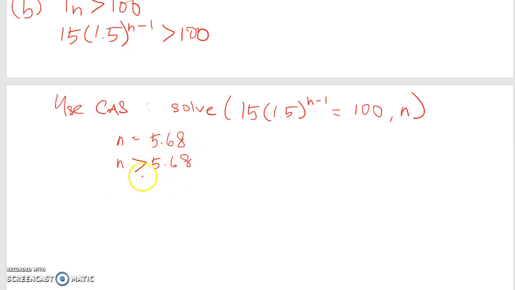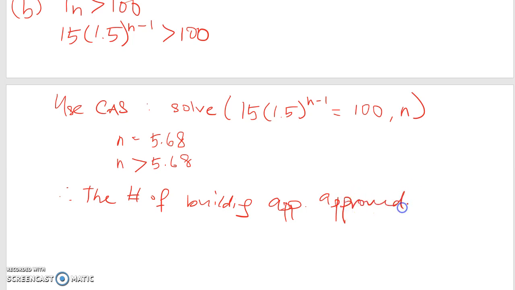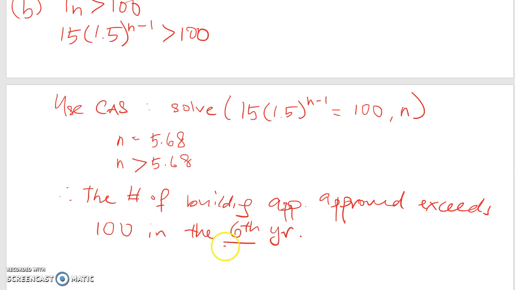So if we round this up, basically we would know that we can write down the number of building applications approved exceeds 100 in the 6th year. Okay, so that's n is bigger than 5.68.